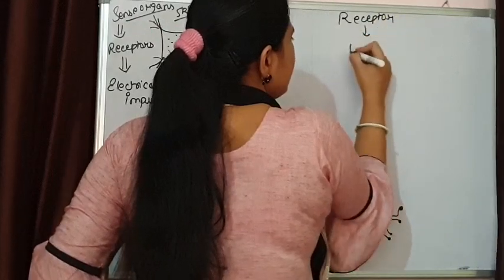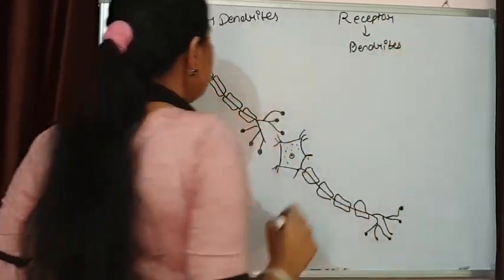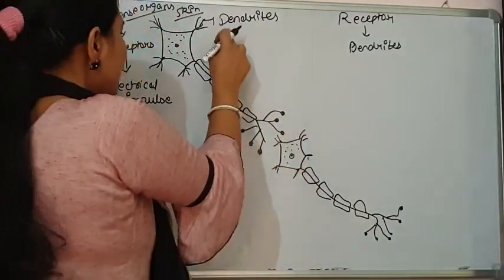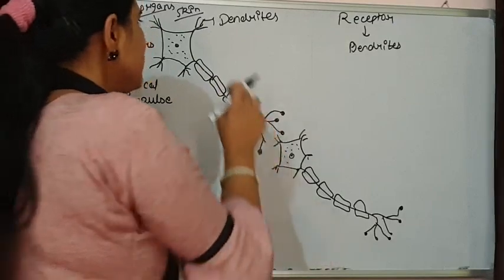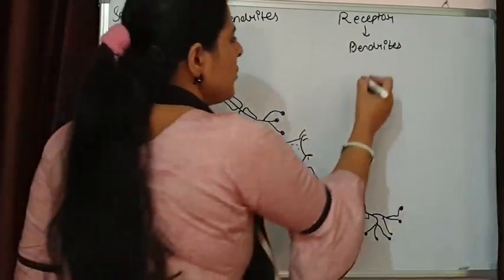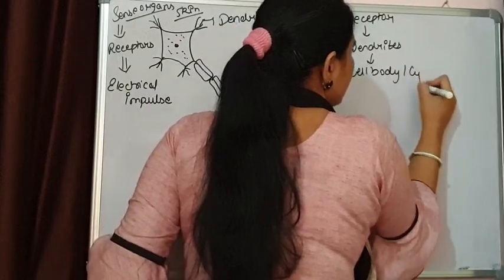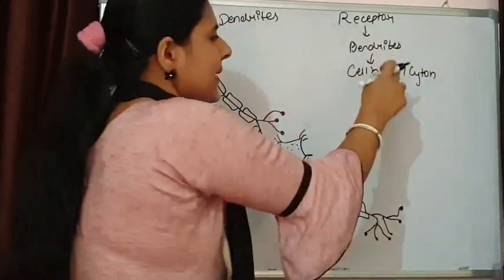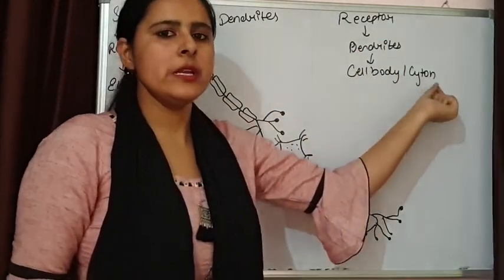These dendrites pass this electrical impulse to the second structure to which they are attached, and that is the cell body, or you can say cyton. So from the dendrites the electrical impulse comes to the cell body or cyton.